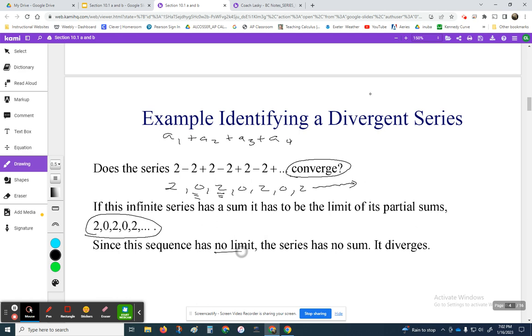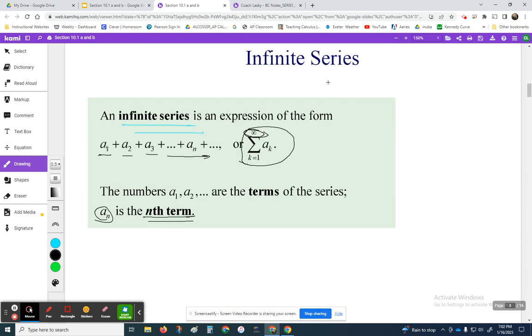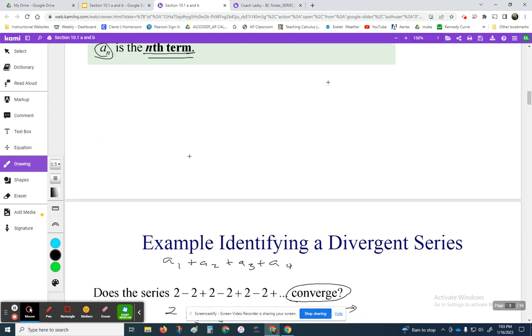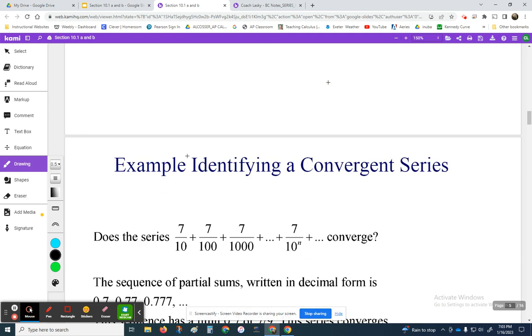Since it has no limit, the series has no sum. Since it has no sum, it diverges. If it had a sum, it would be a convergent series. So you just have to work with the series based on the fact that it's a1 plus a2 plus a3, and repeat it to give us an idea.